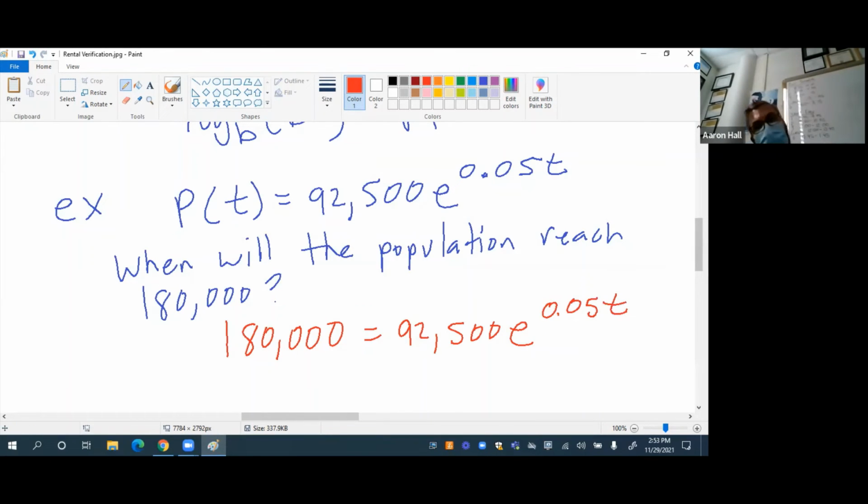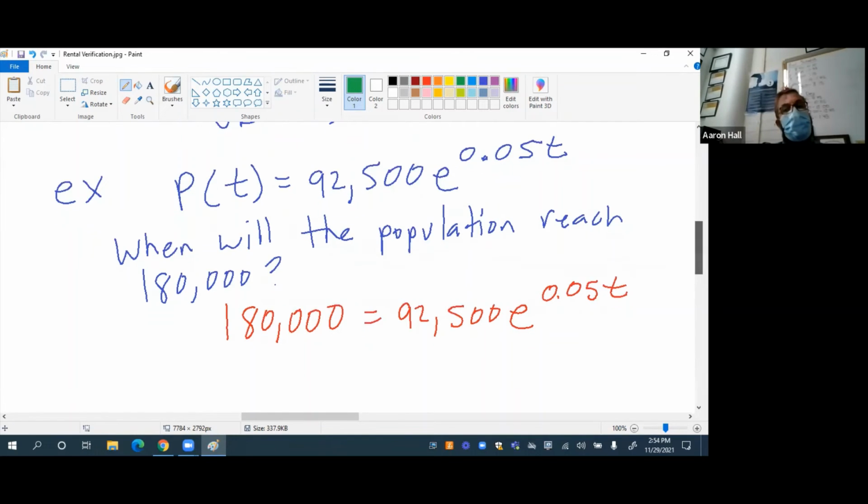Emma, now what? So we want to end with T equals something, right? And that will tell us how many years until the population reaches a certain amount. So what do I do, using inverse operations, to get T by itself? I'll give you a hint. This is times.